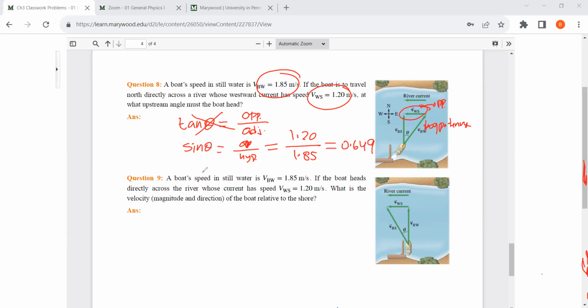Because sine theta equals 0.649, we need to find the angle, so theta equals sine inverse 0.649, and I already calculated it: it is 40.5 degree. Here again, make sure when you do this calculation to change the calculator to degree mode.